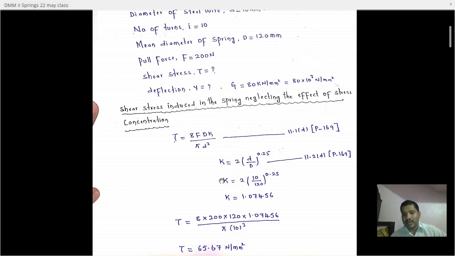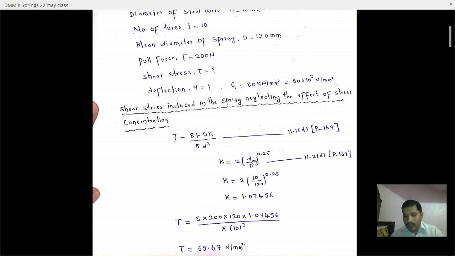So for that reason I am using another formula, K equal to 2 small d by capital D to the power of 0.25. Refer to page number 169, equation 11.2D, from the Design Data Handbook by Mahadevan.